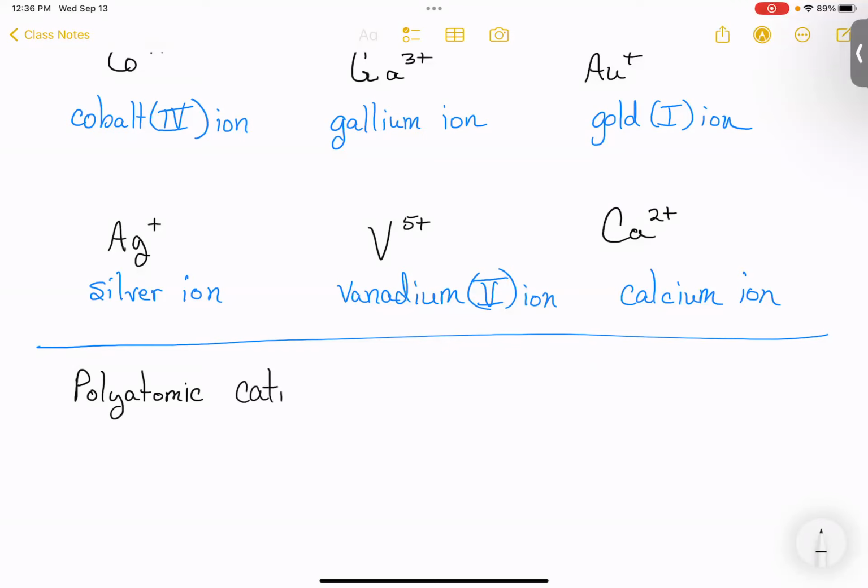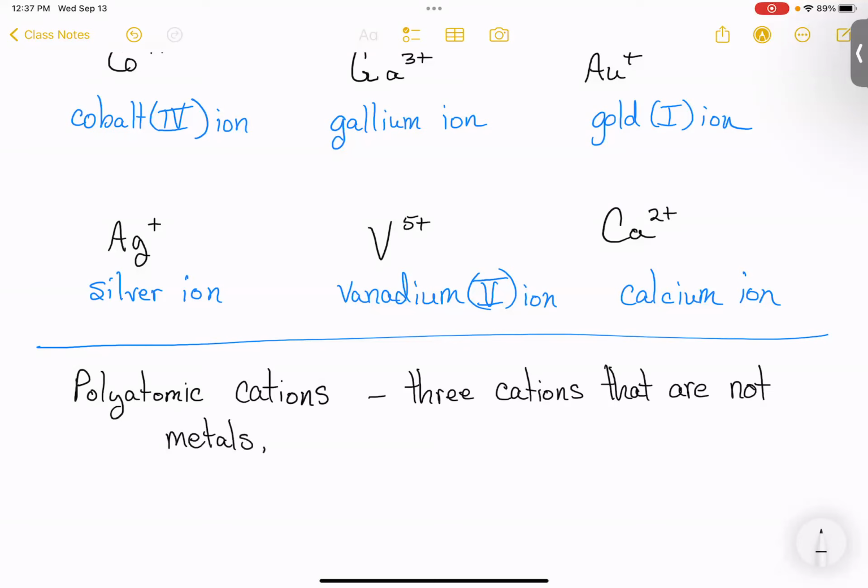There are cations that are not metals. Actually, only 2 I'm going to require of you. So let me change that to a 2. 2 cations that are not metals.